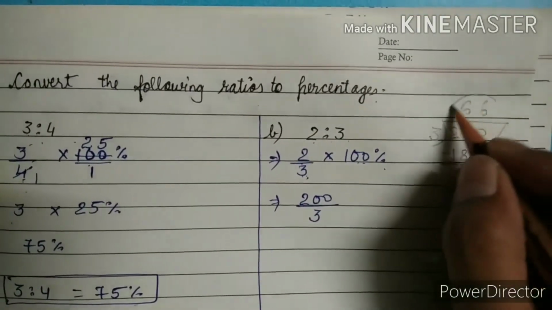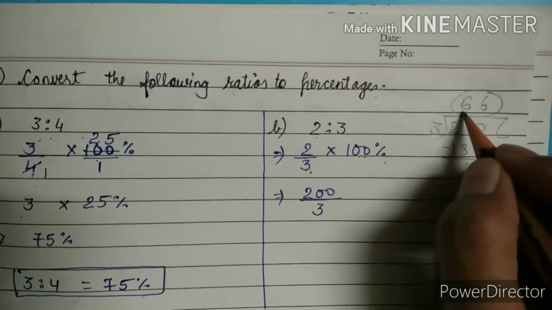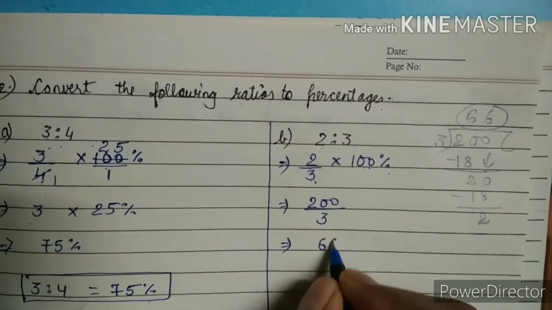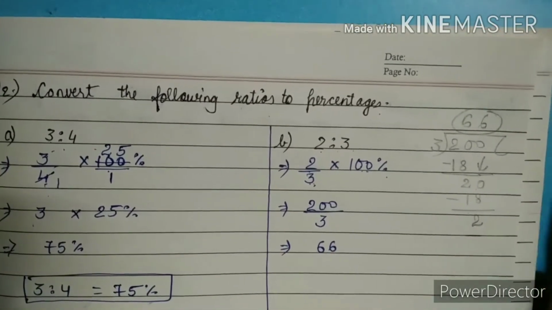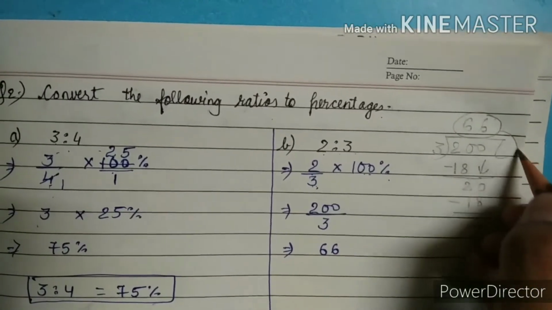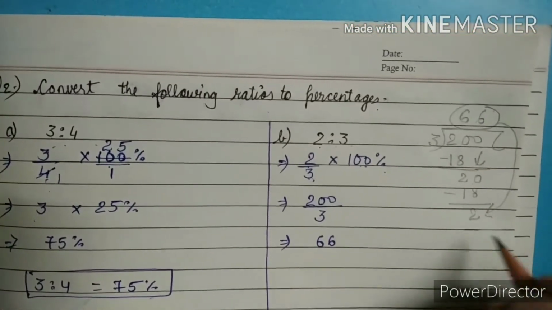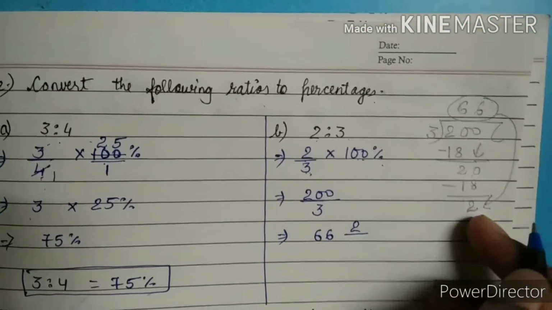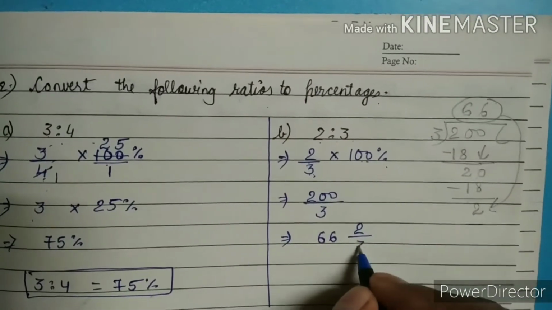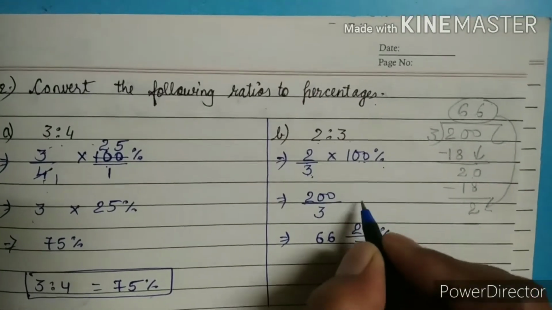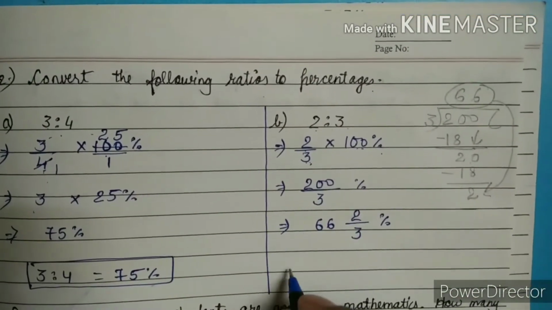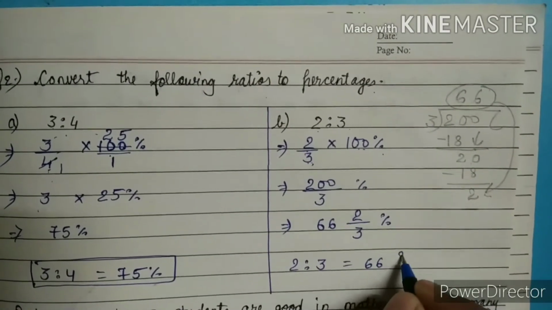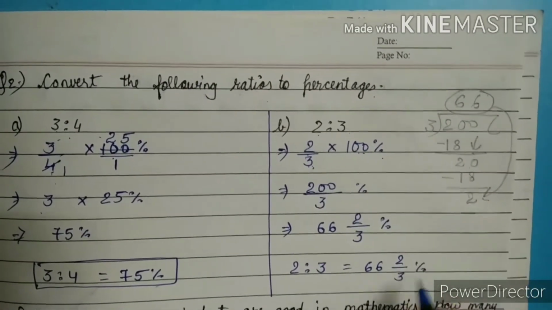Upside we have 66, so the whole number is 66. From 66 we will go to the right-hand side. Here we have the remaining 2, and from 2 we go near to 3, and the percentage will come. So 2 ratio 3 is equal to 66 2 by 3%.